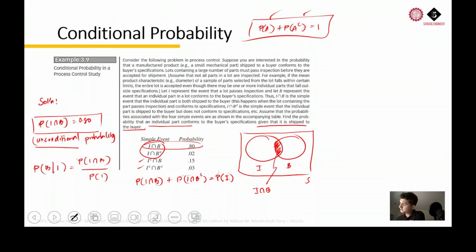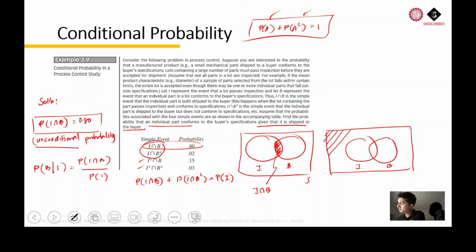First, let's illustrate the same drawing, but the shading is different. This is I still, this is B still, and the B complement is everything that is not B. So the B complement is the whole area except for B. Now, what about the I intersection of the complement of B?